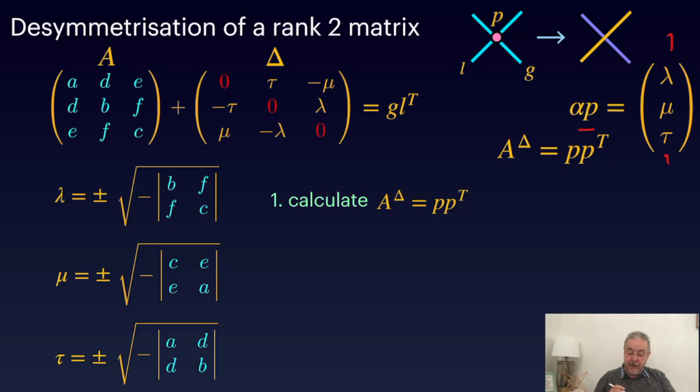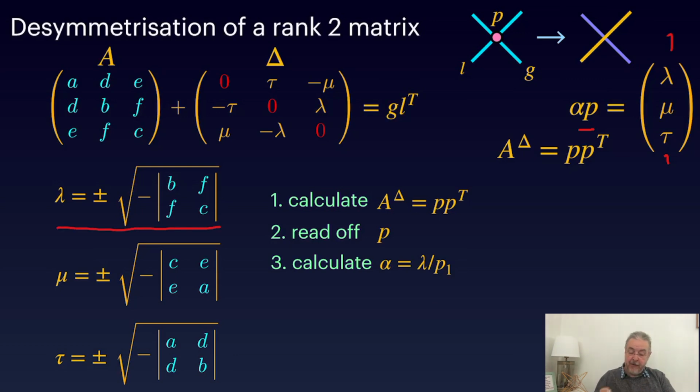So I already told you, start with calculating the adjoint, read off point P, and now the alpha is simply the quotient of the first coordinate of P and your factor lambda you may have calculated here.